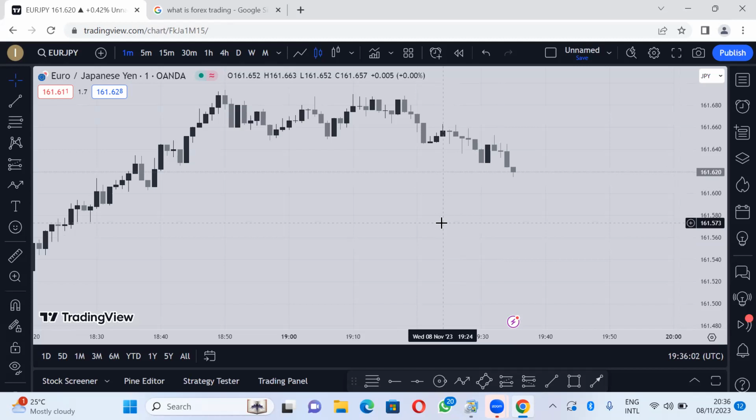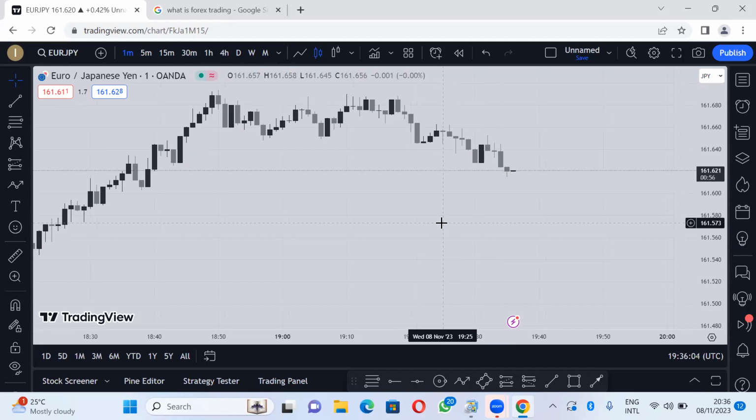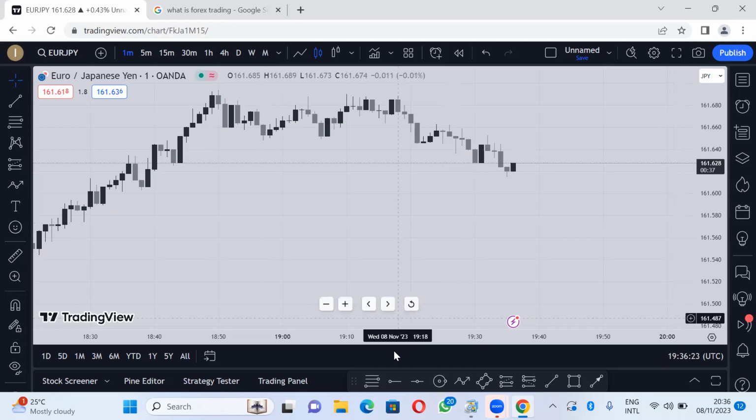Now stop loss is, for instance, you enter a trade, and then you are hoping that the trade buys, and then for some reason whatsoever, it starts coming against you. Now, what do you do? Instead of losing the whole of your money in your account, you will now put a level. You will put a level like this and say, you see this point right there.